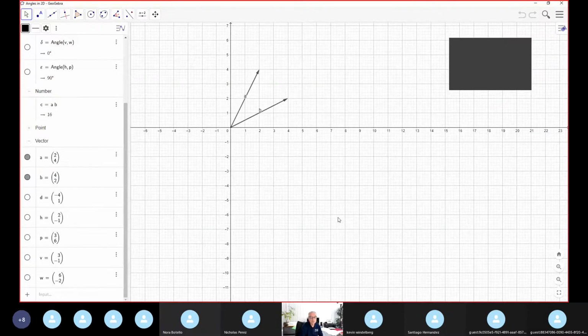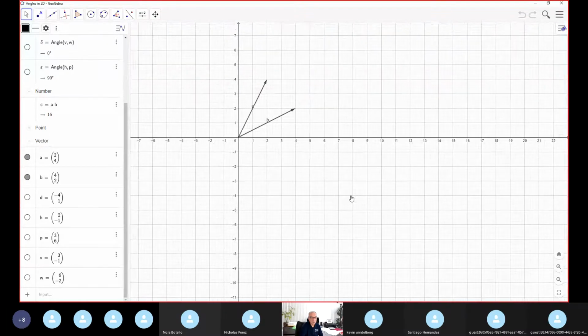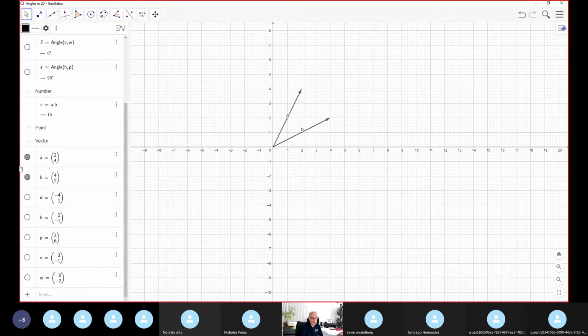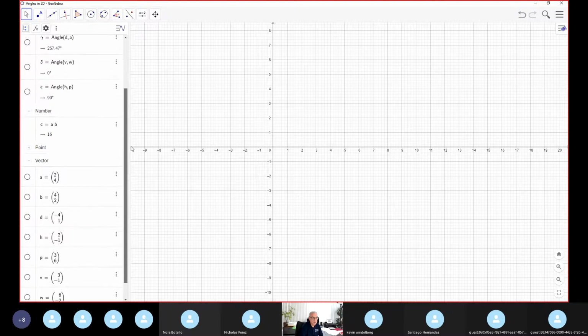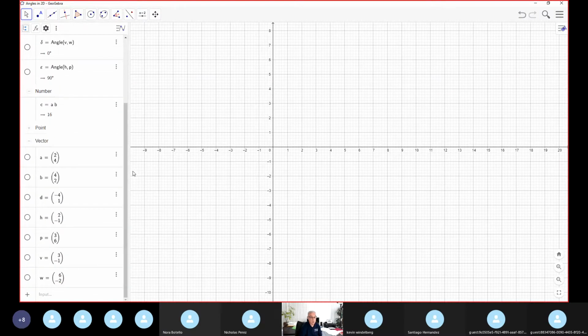Do you see that? Yes. Okay. Look, the only thing I type in here is the vector, so GeoGebra understands that it's a vector or it's a point. If you put a capital letter, it's a point.